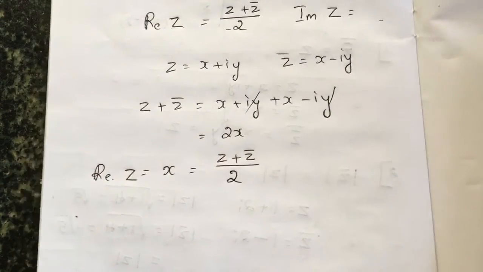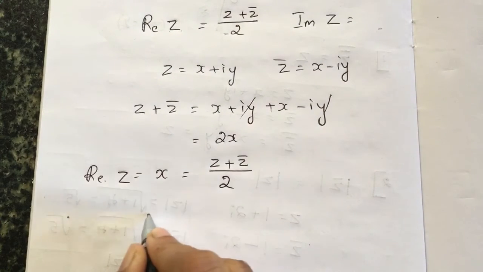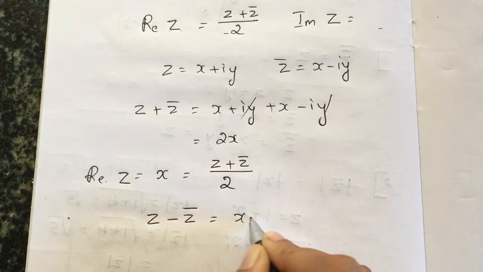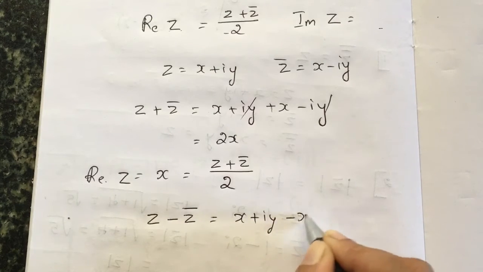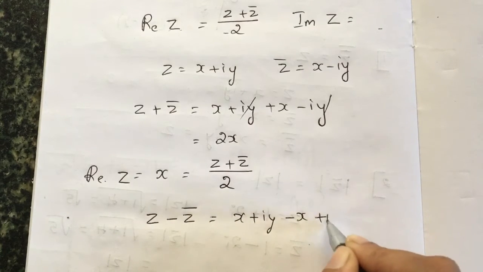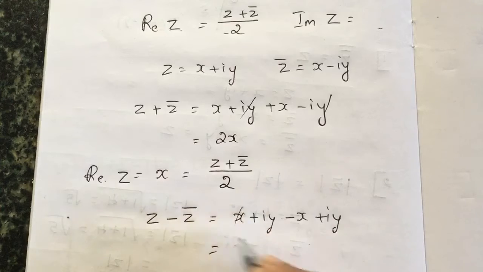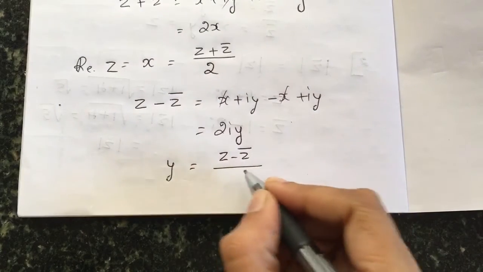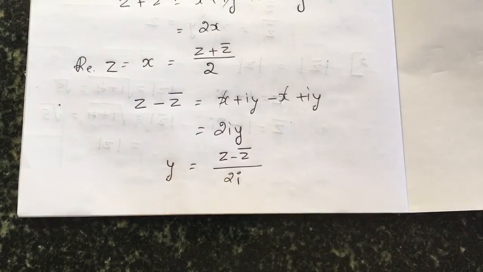Similarly, I'll do subtraction. Z minus z bar will be x plus iy minus x plus iy, so the x will get cancelled and I'm getting 2iy. So I can write y equal to z minus z bar divided by 2i.